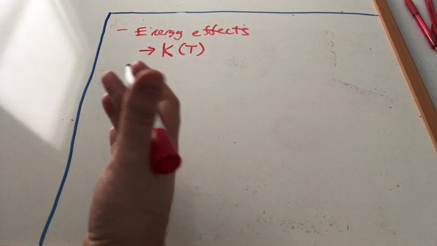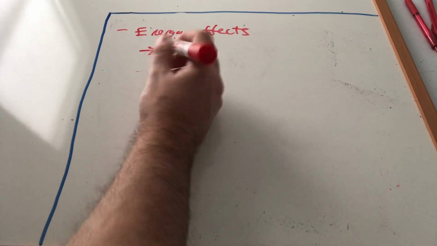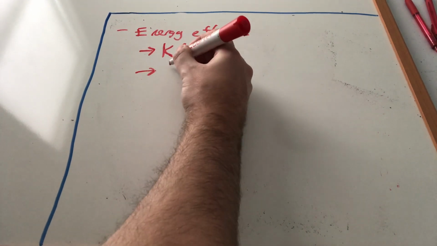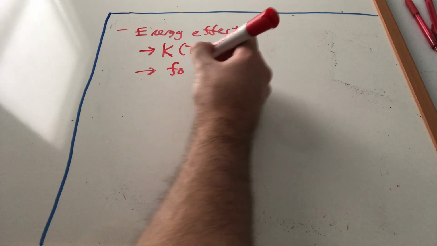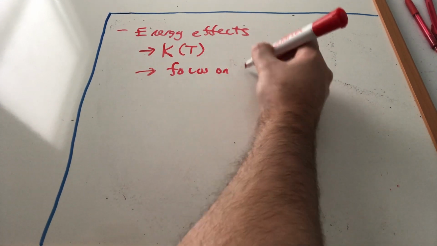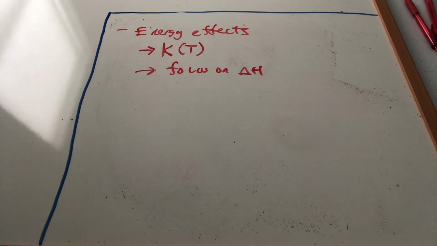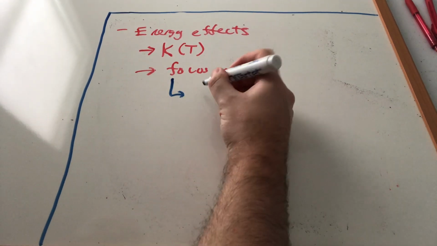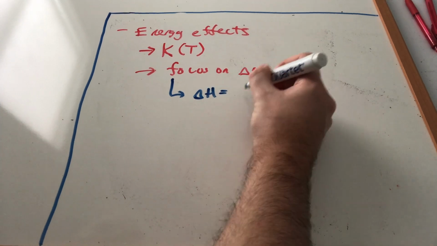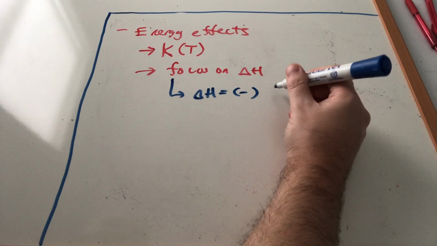So how is equilibrium going to be affected based off of K being a function of temperature? It depends on the sign of delta H, okay? So it's all about delta H, so let's focus on delta H. And we can kind of use the same Q versus K ideas when we focus in on delta H. So if we look at delta H and it's negative, all right, then we know that this is an exothermic process.